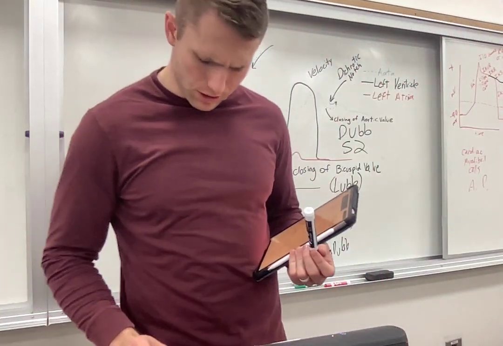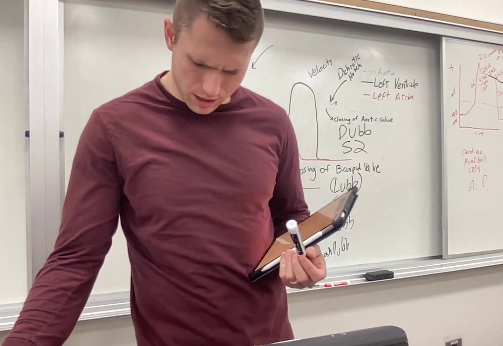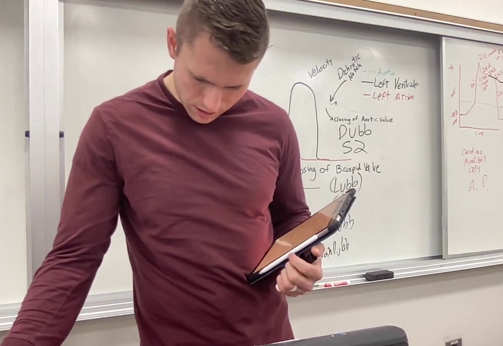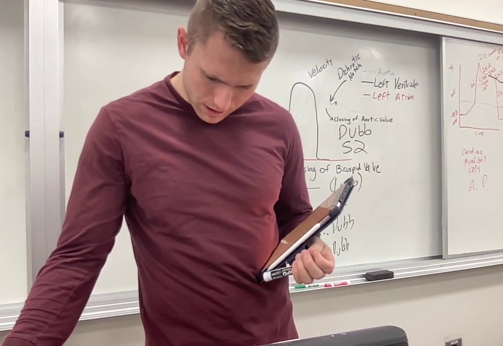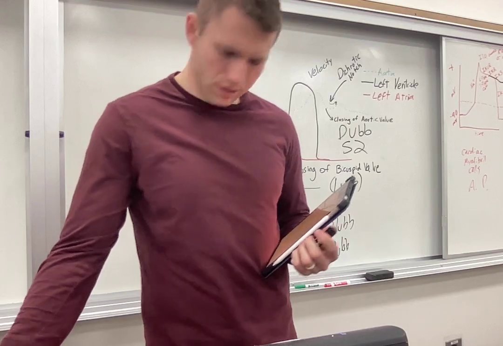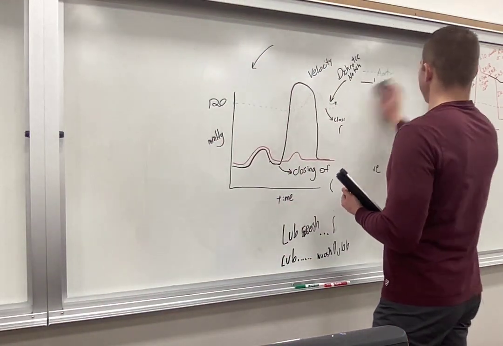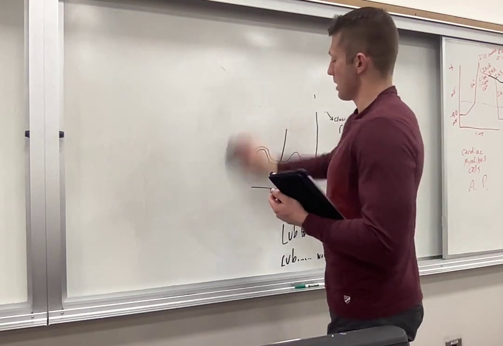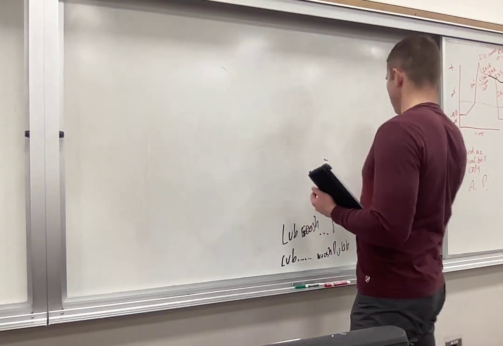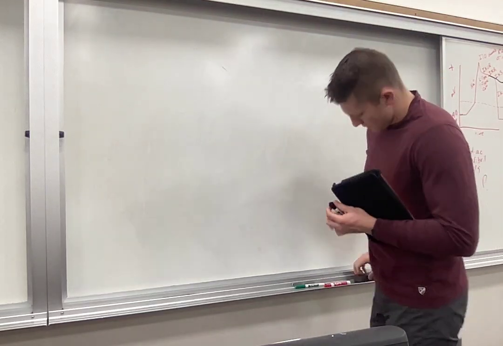Boy, I'm getting really tired, but we're going to continue with, so that's what the pressure changes, opening, closing of the heart valves. Last graph, we're going to talk about our volume.